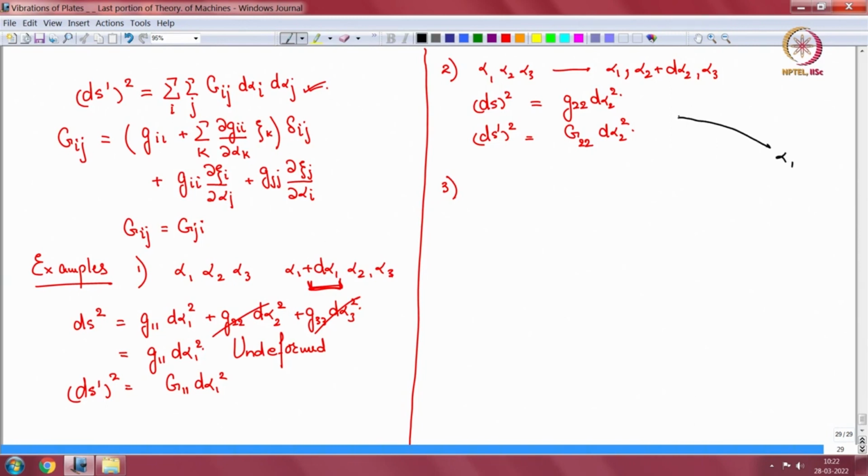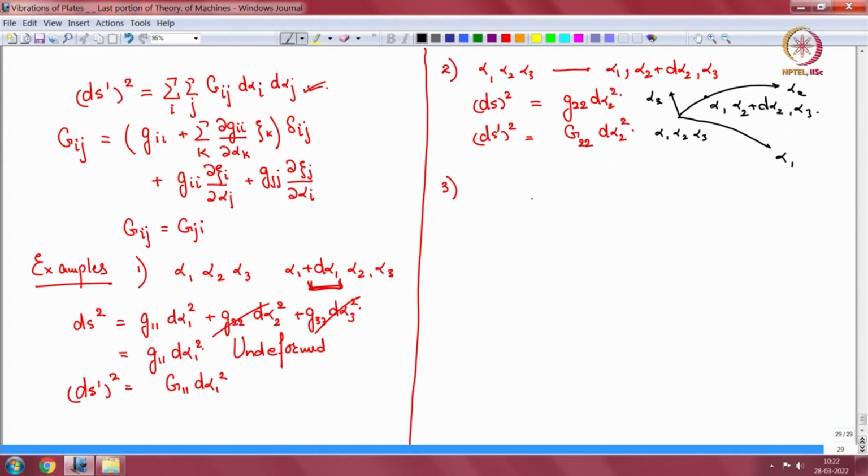Alpha 1, alpha 2, alpha 3. The first point is at alpha 1, alpha 2, alpha 3, and the other point is here, at alpha 1, alpha 2 plus d alpha 2, alpha 3.